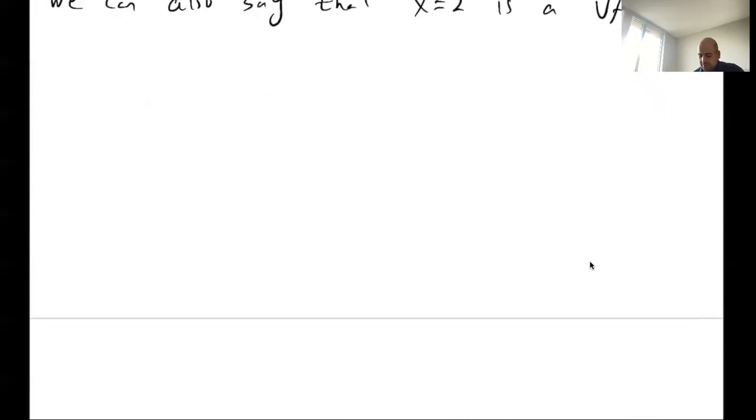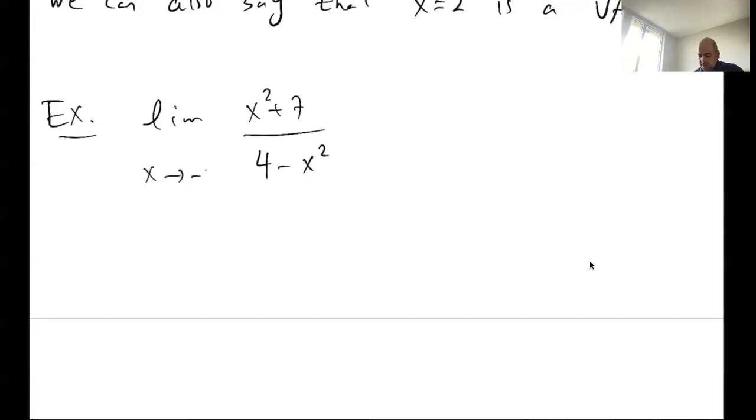Okay, let's look at another example. What about, let's say, if you have the same function, x squared plus 7 over 4 minus x squared, x approaches minus 2 from right. What do you think about this one?